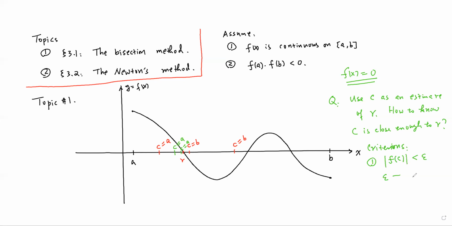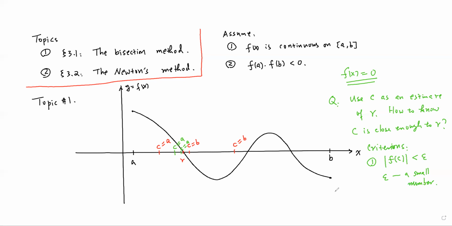If the user wants epsilon small, say 10 to the -7, then epsilon is 10 to the -7. Epsilon is a very small number, and of course, positive. One criterion is if the function value at C in absolute value is less than some small number, then we stop and consider C as the solution.